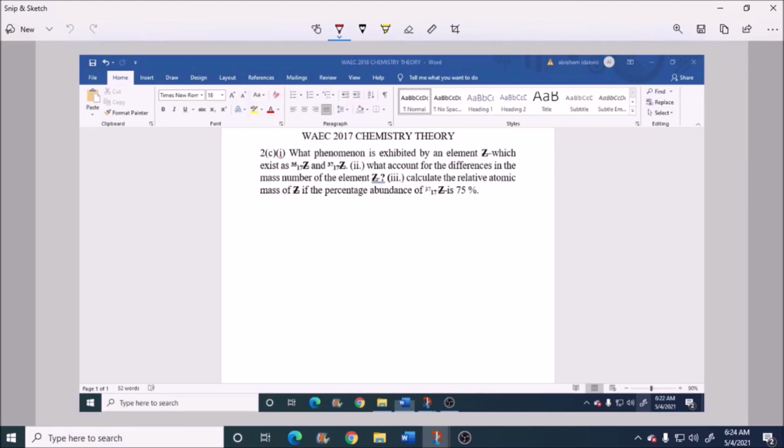Isotopy is the phenomenon whereby atoms of the same element have the same atomic number but different mass number, and we can see that in the symbols given. So they have the same atomic number but different mass number. So the phenomenon exhibited by this element is isotopy.